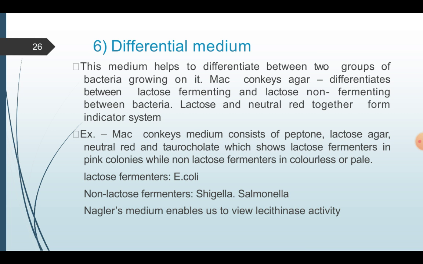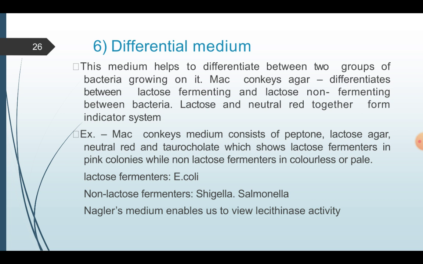Differential medium. This medium helps to differentiate between two groups of bacteria growing on it. MacConkey's agar differentiates between lactose fermenting and lactose non-fermenting bacteria. Lactose and neutral red together form the indicator system.